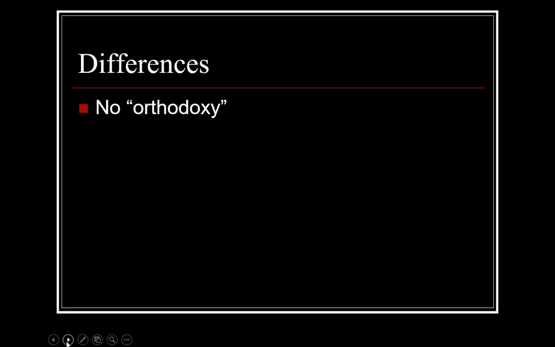But there was still within the different Christianities the notion of orthodoxy. There is a correct set of doctrines. And so even though different Christian groups had different views about what that orthodoxy was, there was still a commonality among Christian groups that there was something that was orthodox.